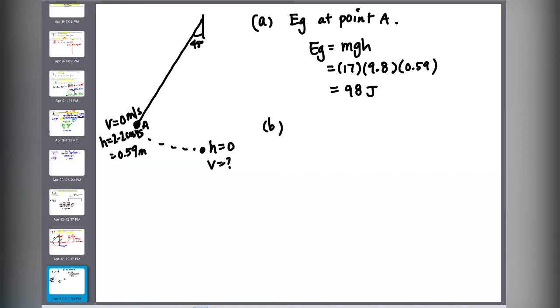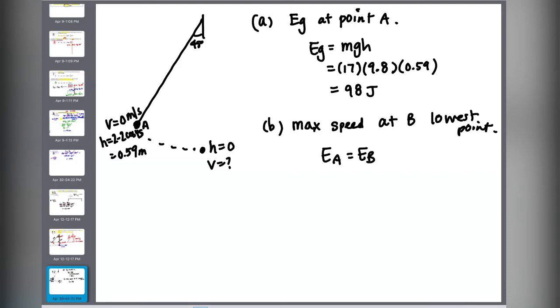And then they ask you what the maximum speed is, and we already talked about that. Maximum speed is at point B, at the lowest point. EA equals EB, and it's potential plus kinetic: mgh plus 1/2 mv squared.